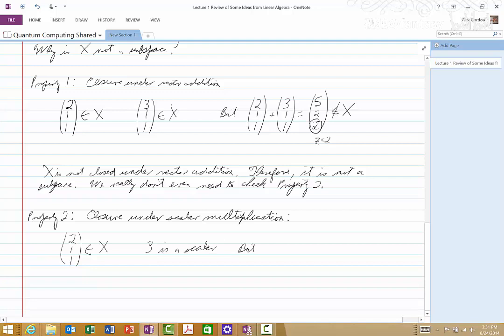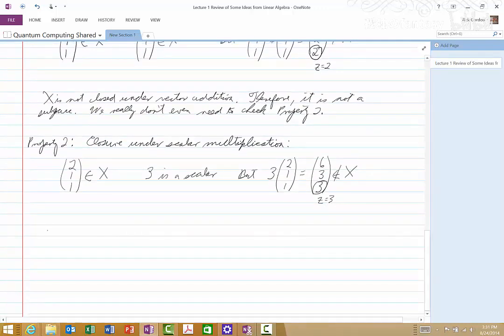But 3 times (2, 1, 1) is equal to (6, 3, 3), which is not in X because Z is equal to 3 instead of 1. So X is not closed under scalar multiplication.